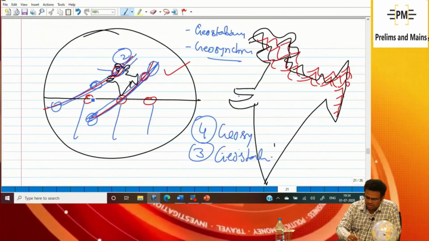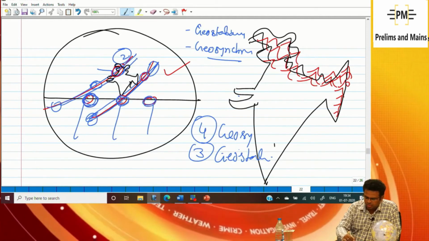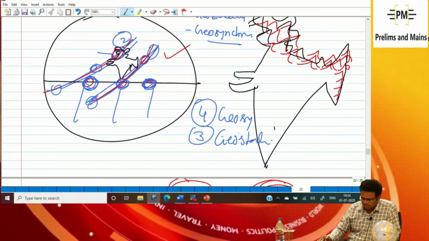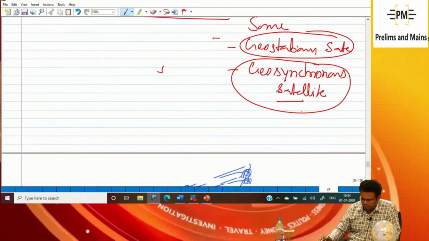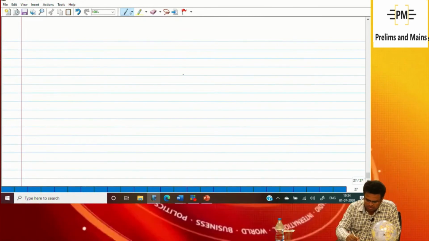Here you can see these are above the equator, this red color is above the equator. It is what? Geostationary. And again I can make a map for this, so that you can easily understand.